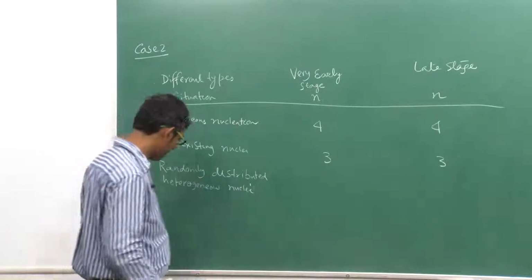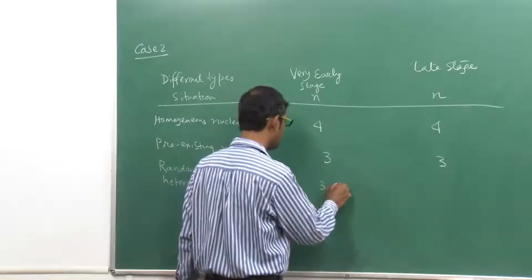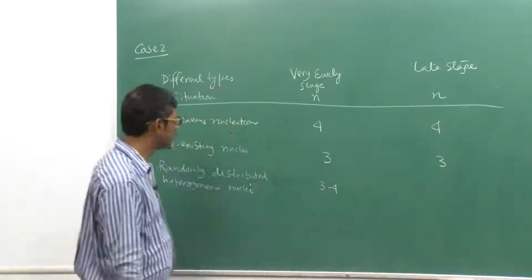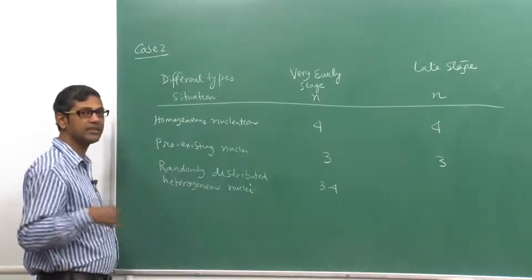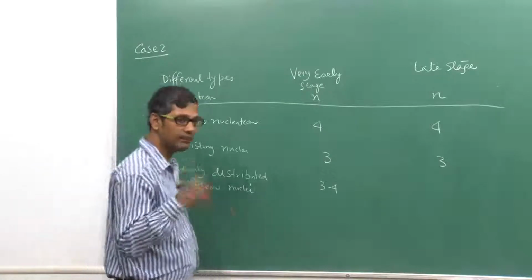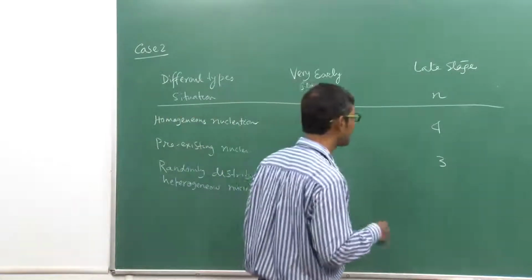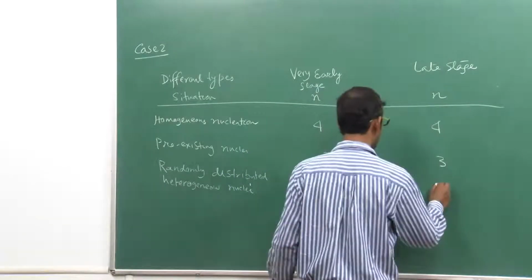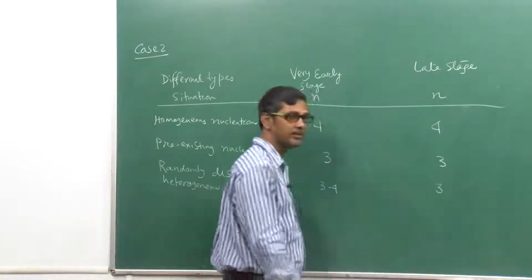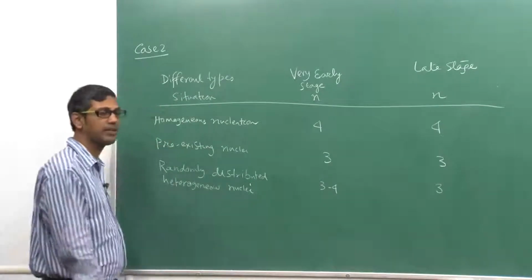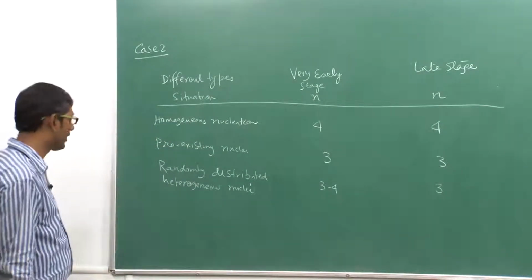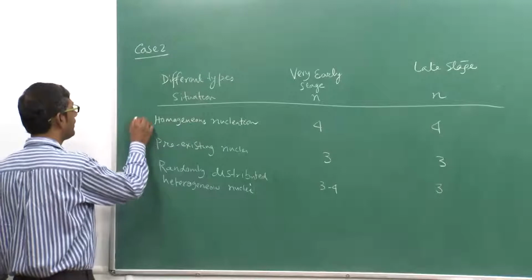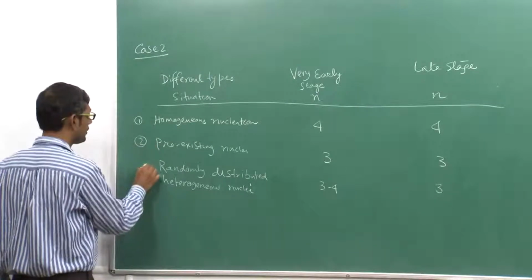For that, it can vary from 3 to 4, because either nucleation can happen together with the growth, or nucleation can happen and then growth takes place predominantly. But it can reach 3 at the later stage, because nucleation will no longer happen at the later stage. So it is only growth in 3 directions. So situations 1, 2, 3.